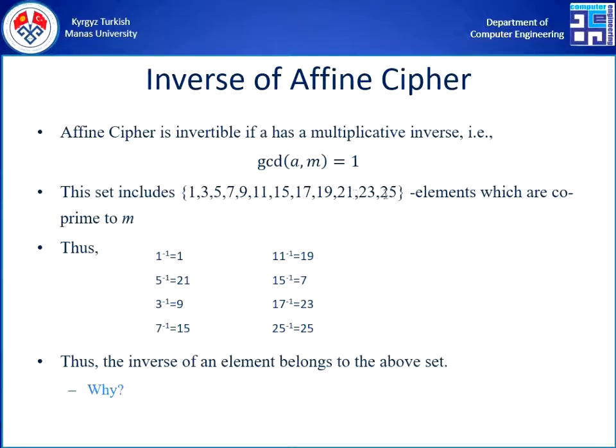So we have 12 elements which are coprime to m. We can calculate a multiplicative inverse for each element. So 1 multiplied by 1 is equal to 1 modulo 26. 5 multiplied by 21 will give us 105, and if we divide it by 26 we will have 1 as a remainder.